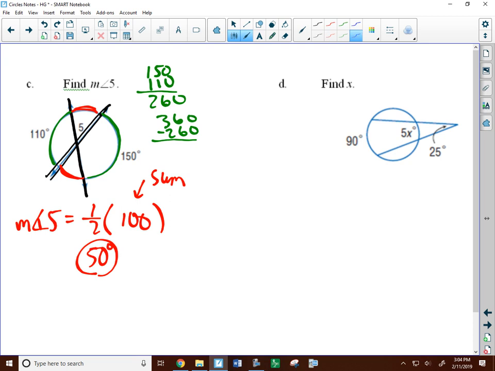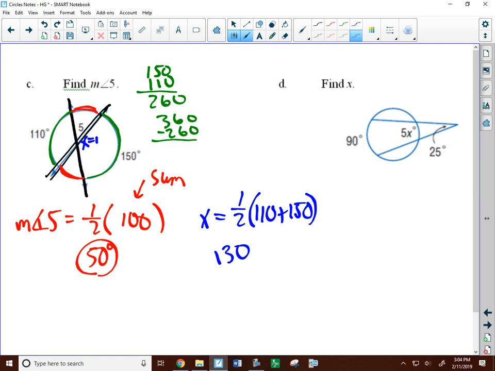Now there's another way to do this. Sometimes I've seen this where students will call this angle x. By the way, I like this method as well. Call this some other angle. So we're trying to find x. X is an angle inside. It's half the sum of 110 and 150. That would be half of 260, so x will be 130.